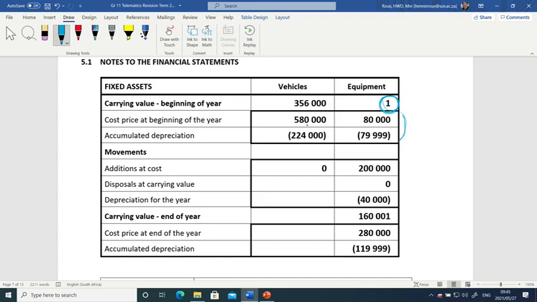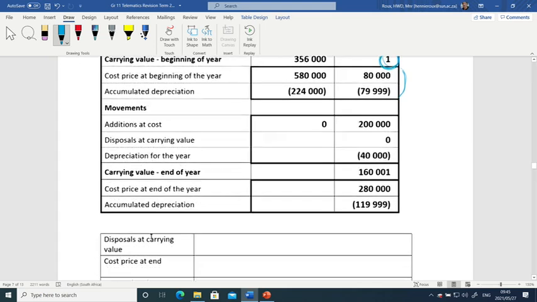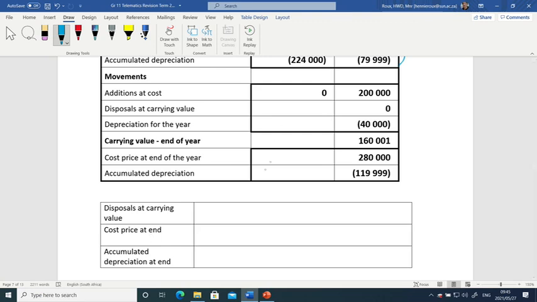Vehicles, they already gave you the cost price because that was given. Disposals at carrying value. Now, carrying value, we know, is the cost price of what we sold minus the total accumulated depreciation that was given.